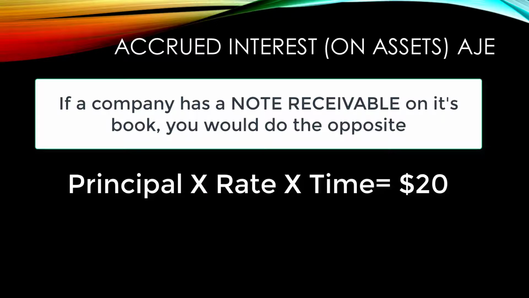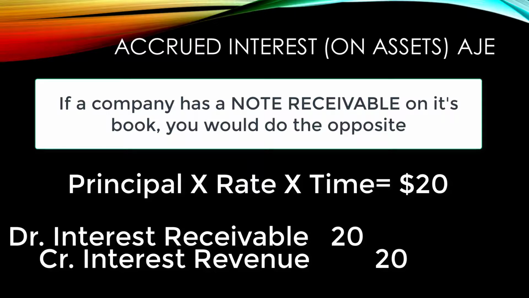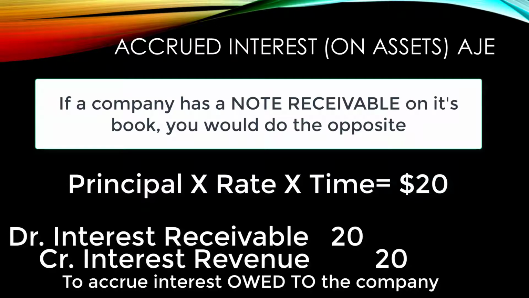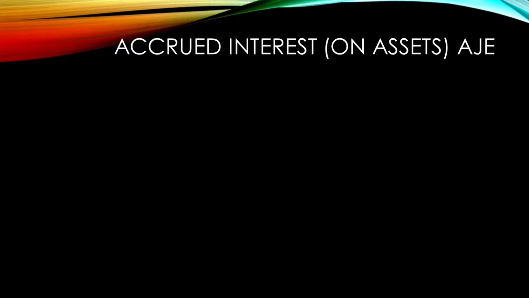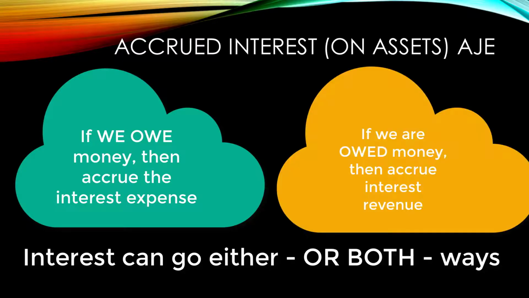So if we had a note receivable on our books, we would compute interest exactly the same way, except this time we would debit interest receivable for $20 and credit interest revenue of $20. So once again, interest can go either way. Most of us as students relate to the first accrual of interest expense on debt that we owe. On the flip side, however, if we are owed money by somebody else, it would be appropriate to accrue the interest revenue.